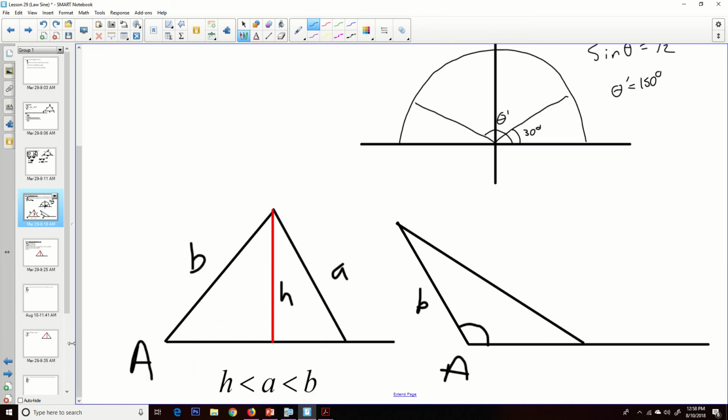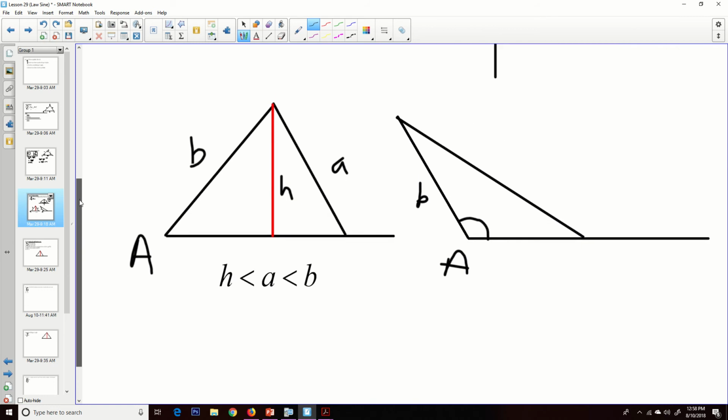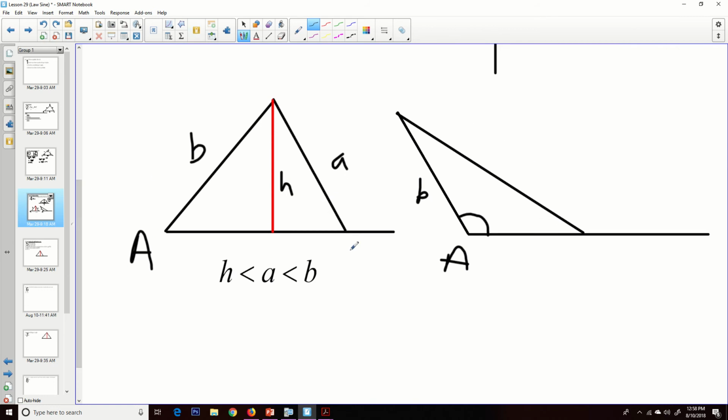But the one that's going to cause us the most work is when we have a side opposite a known angle that is between the height and the side adjacent to the known angle in total length.